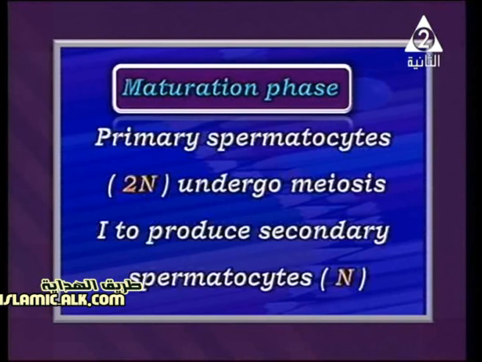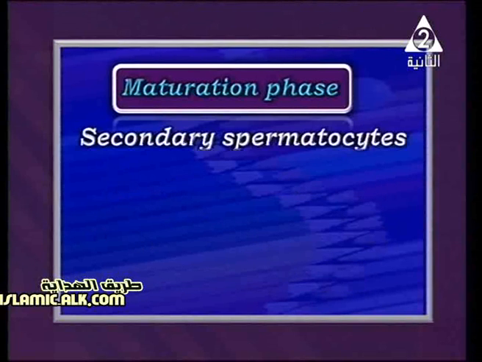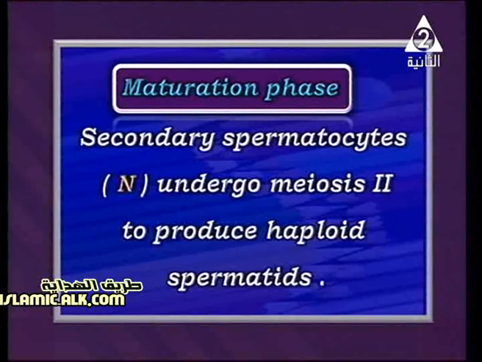The primary spermatocytes 2N undergo meiosis, meiosis 1, to produce secondary spermatocytes. Each one cell gives us what? Yes, gives us 4. After that, the secondary spermatocytes, which carry half of the genetic material, undergo meiosis 2 to give us the haploid spermatids.